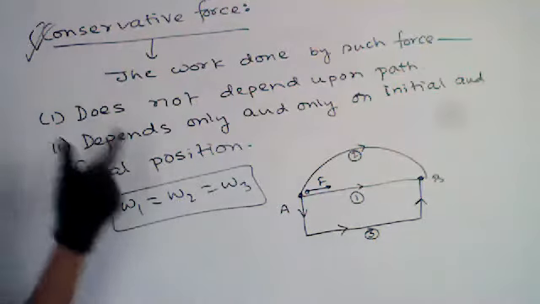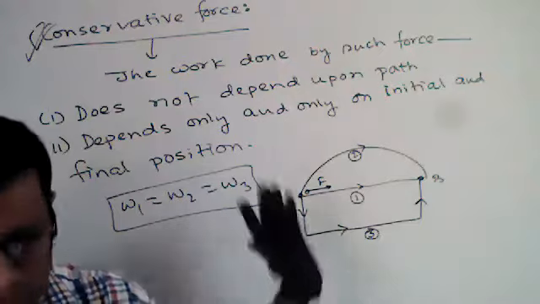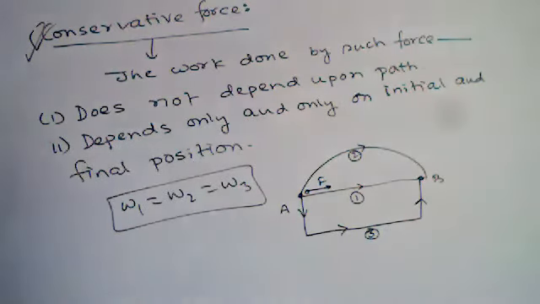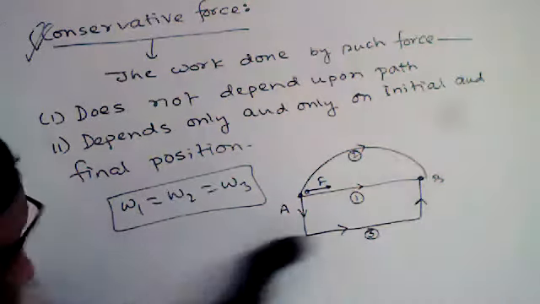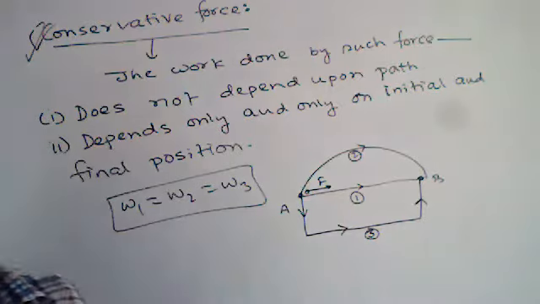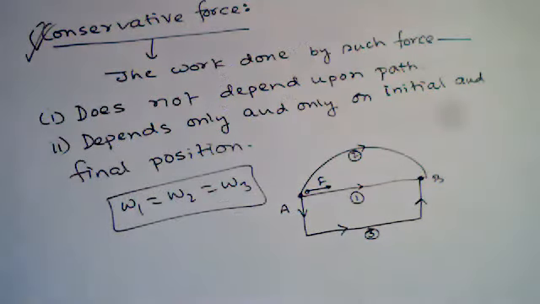We know the work done depends only and only on the initial and final point. For this reason, we can say the work done in the 3 paths will be equal. That is, W1 equals W2. Okay.